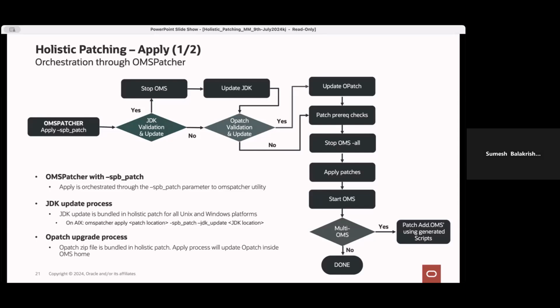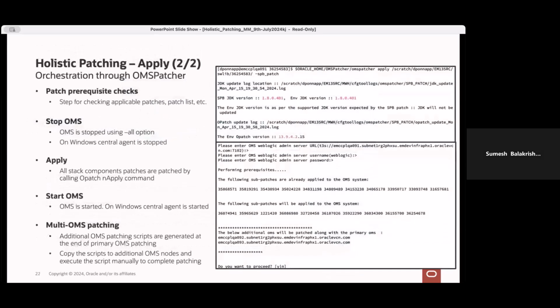So this is an overview of the apply process. On the next slide, this is just giving you a snippet of how the apply process is triggered and what inputs it asks for. Here, for example, if you have updated the JDK outside of this holistic patching, for some reason, then the OMS patcher will check the JDK and skip it, like how we check the OPatch and skip.